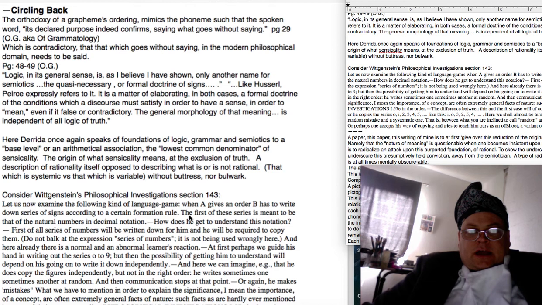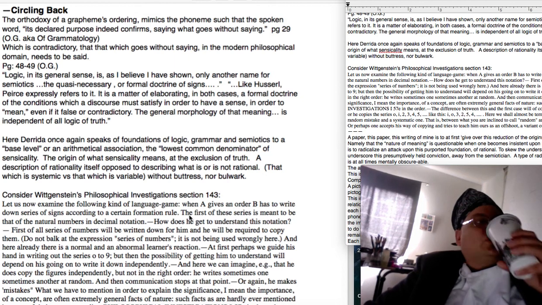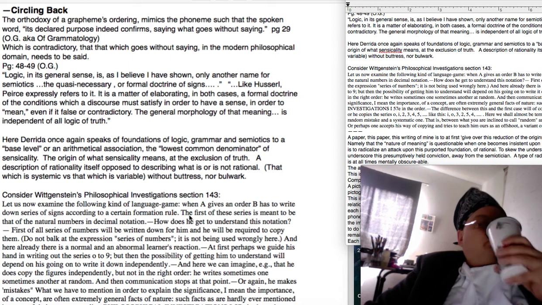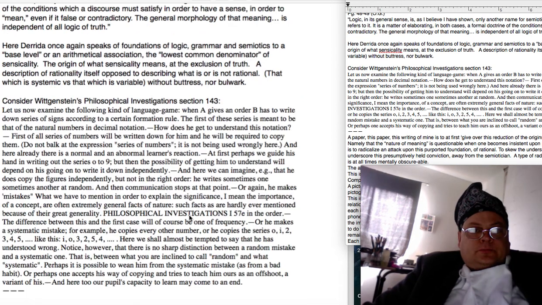It is a matter of elaborating, in both cases, a formal doctrine of the conditions which a discourse must satisfy in order to have a sense, in order to mean, even if it is false or contradictory. The general morphology of that meaning is independent of all logic of truth. End quote.